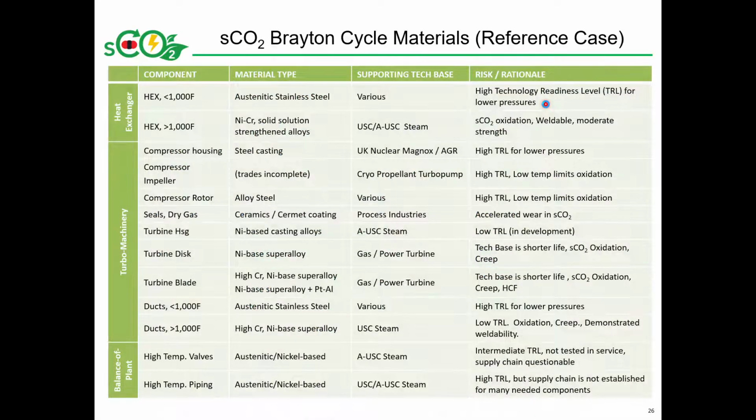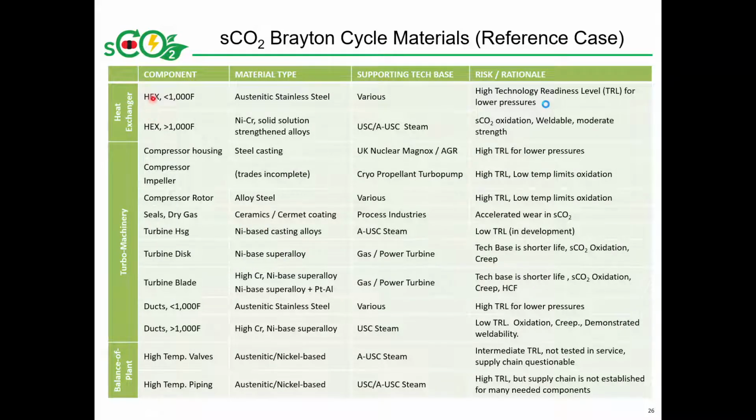So now, before we take a look at an example of an sCO2 Brayton cycle and what components are involved in there, we can look at this table relatively briefly. This goes back to the reference case that was mentioned earlier in the tutorial, but we can also apply it to various other sCO2 Brayton cycles as well.